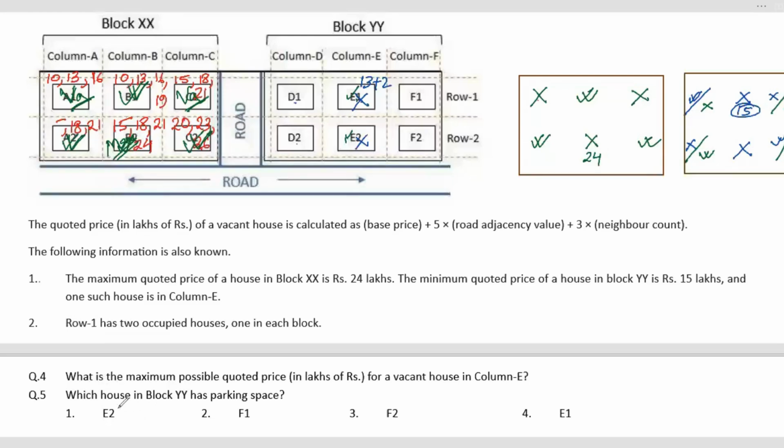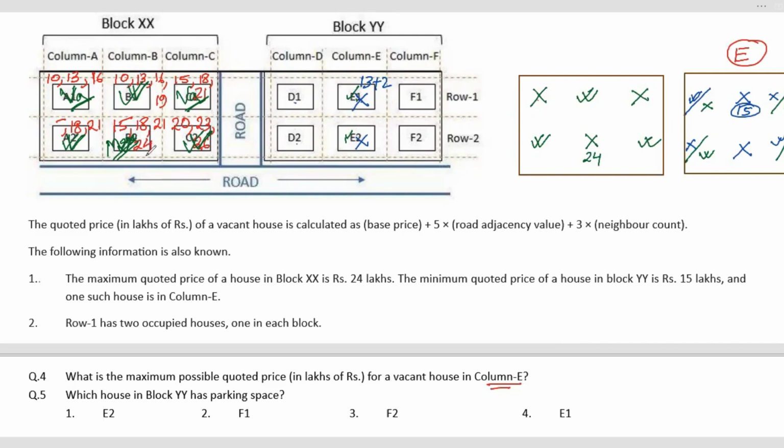Question 4. What is the maximum possible quoted price in lakhs for a vacant house in column E? This is our column E. And for maximum possible, this way I can see it is 15 taken.